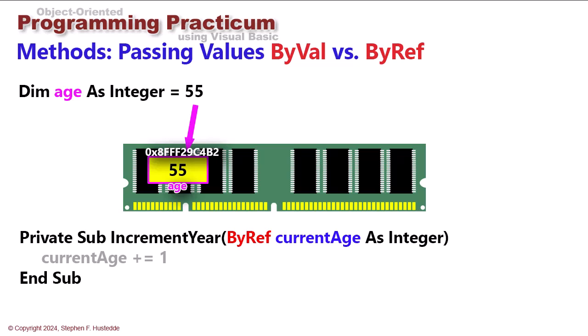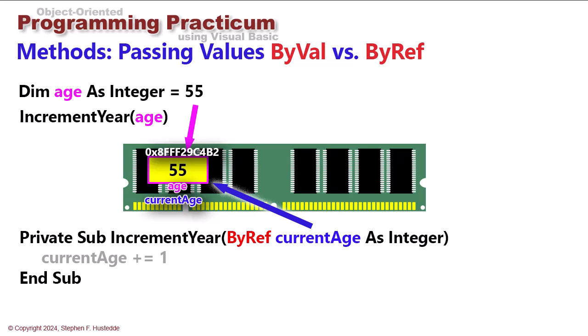And notice that when I create this increment year sub-procedure, it doesn't create a new space in memory for current age. Rather, what happens when I call that function, it passes age to current age, but does it by reference. In other words, I'm not passing the value of age, I'm passing the memory location. And that memory location now becomes the same memory location as age.